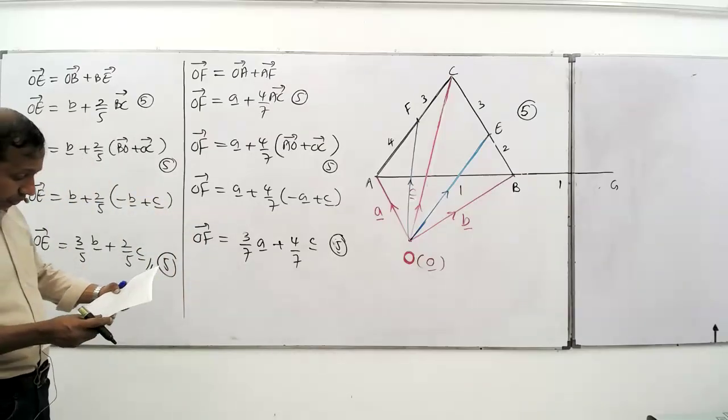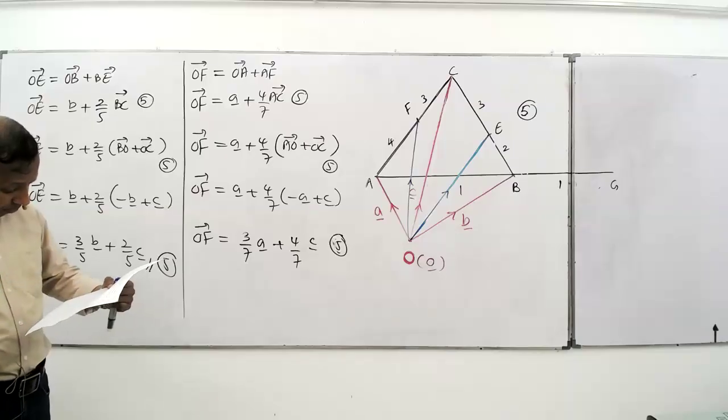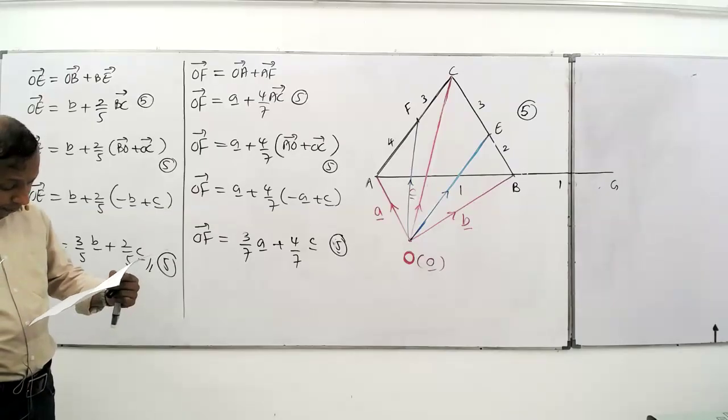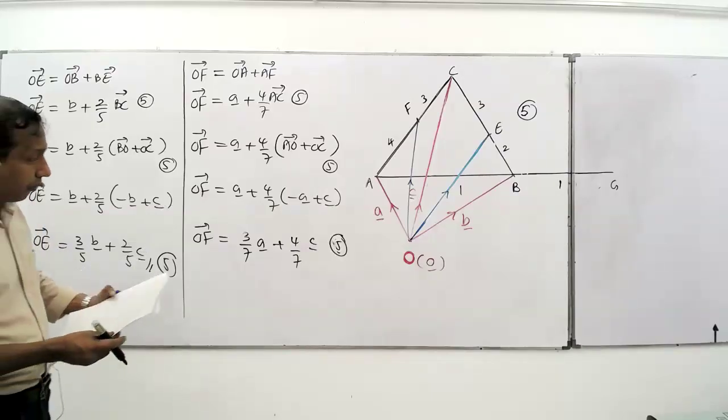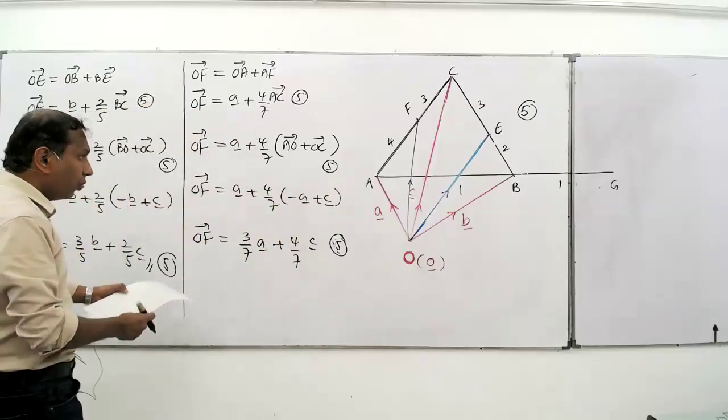Next one. What is G? Here G is not the center, G is the given point. So you can write OG.